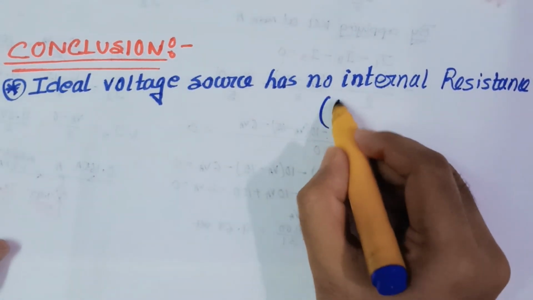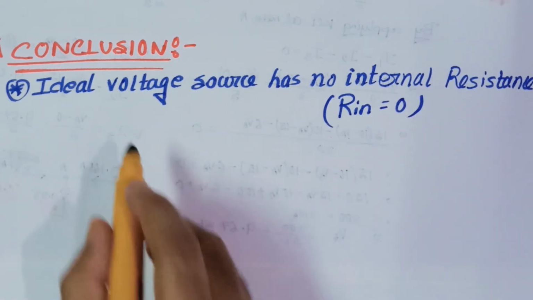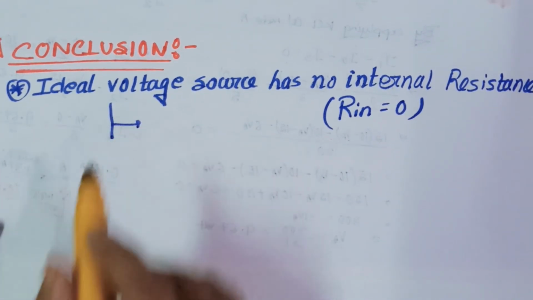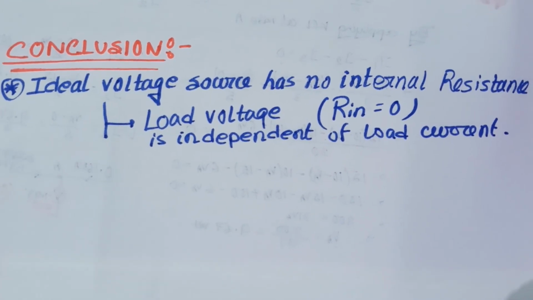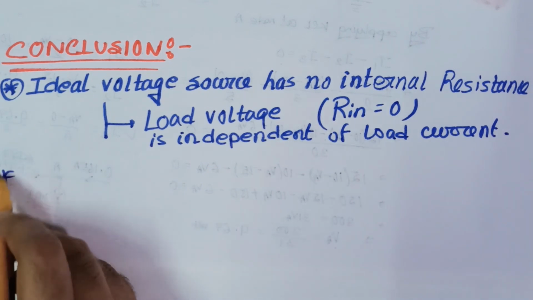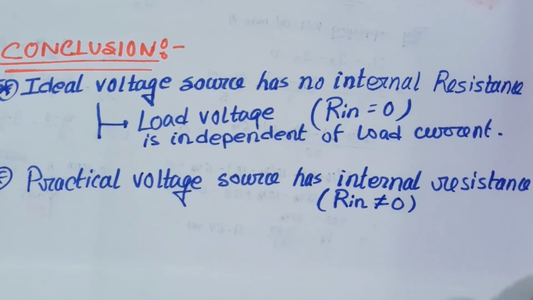So write down the conclusion. What is the conclusion? The ideal voltage source has no internal resistance, which means Rin equals 0. And we can also understand from this that the load voltage is independent of the load current.